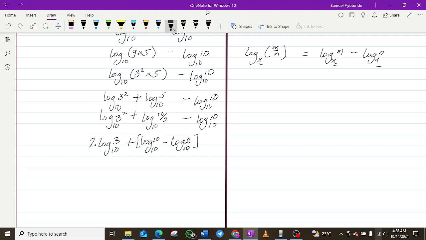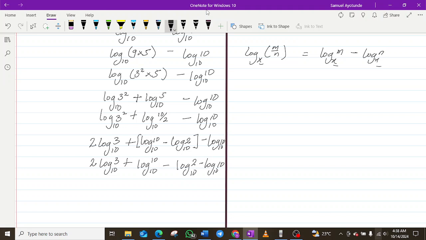Then I close the bracket before minus log 10. So I will use this addition to open up those brackets here. So I have 2 log 3 base 10 plus log 10 base 10 minus log 2 base 10 minus log 10 base 10.